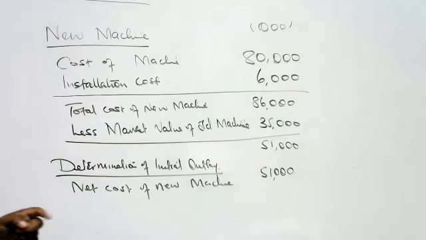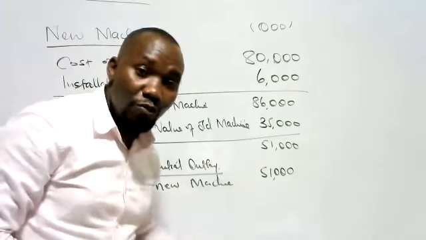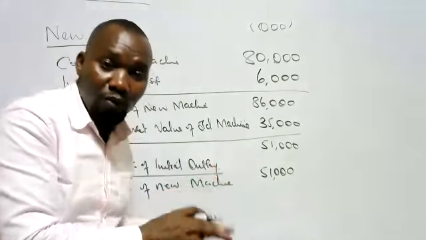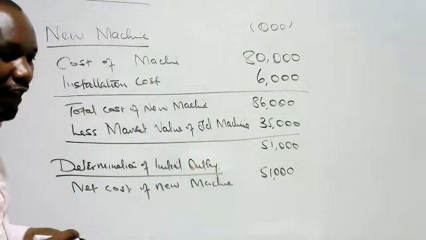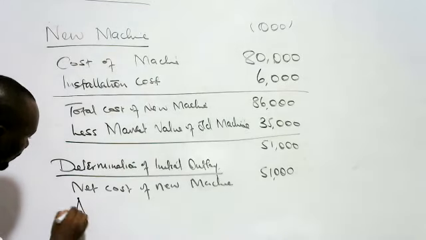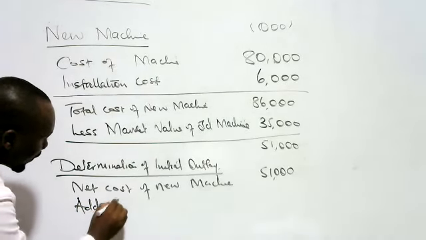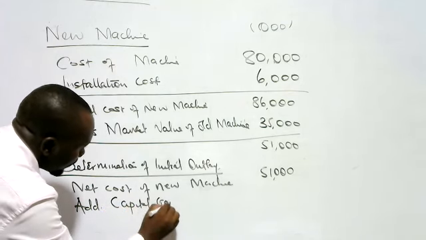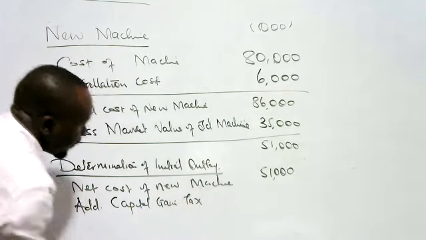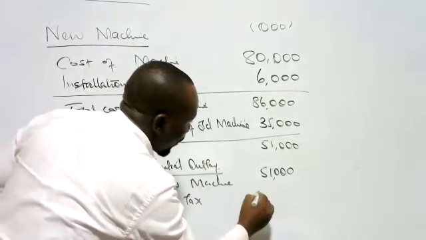We also have tax that we pay. You bought the machine and you pay tax because uliuza ile ingine. Kwa hivyo kuna pesa ulilipa kama tax. Ni ukweli? So you add tax, add capital gain tax, that you also pay, which you are calculated.